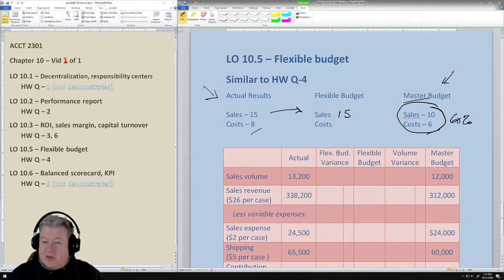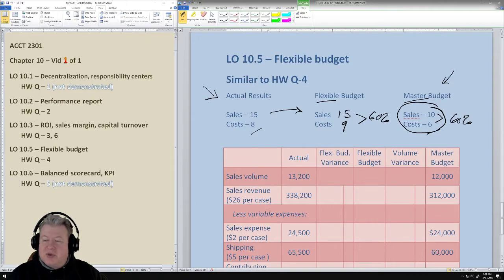That's why we call it flexible, that's the scaling part. If we had 15, we would use the relationship between these two, which is 60%. So if we had actually budgeted 15 and we were going to stick with our 60%, the cost would be 9. Now, because the sales are the same, we're comparing apples to apples, essentially. And now we can say whether things are better or worse.